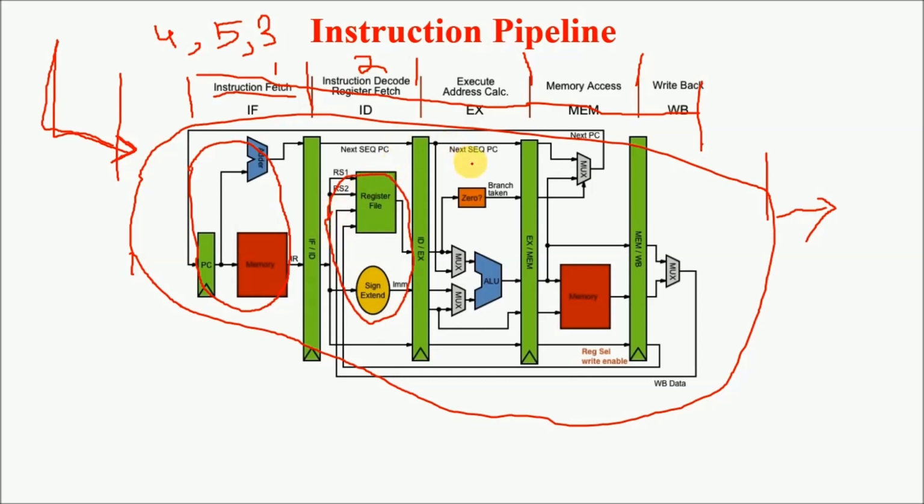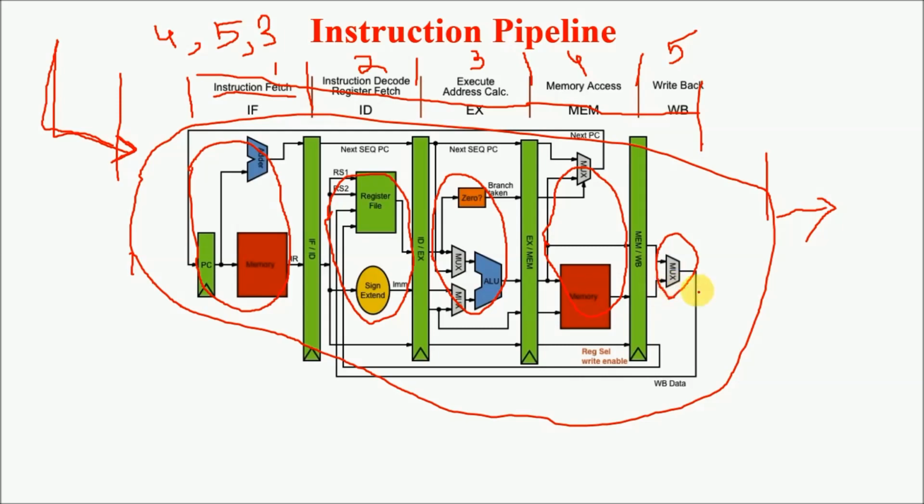The third stage is the instruction execution, and this is that particular hardware section. Then the fourth stage is memory access, and these are the hardware that will be involved for this task. And the last stage is called write back, and this is the hardware that will be used for execution of the last stage.